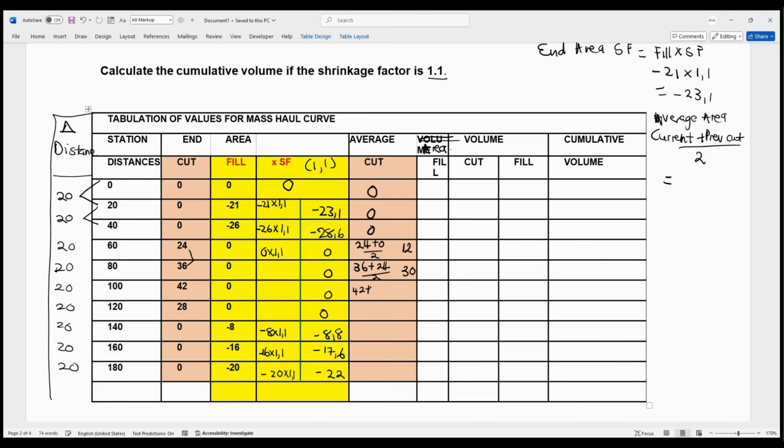The next one, 42 plus 36 divided by 2, is 39. Then 28 plus 42 divided by 2 is 35.